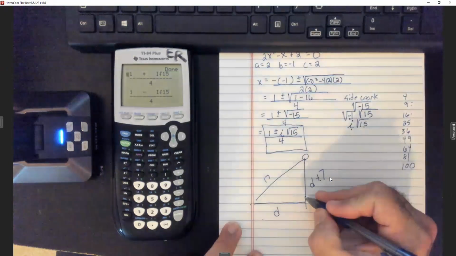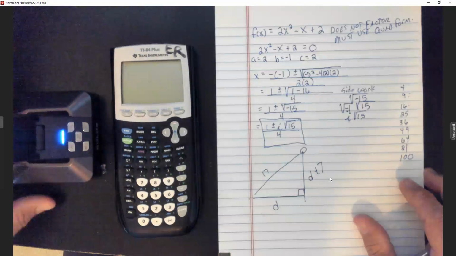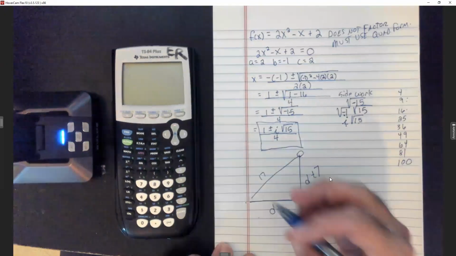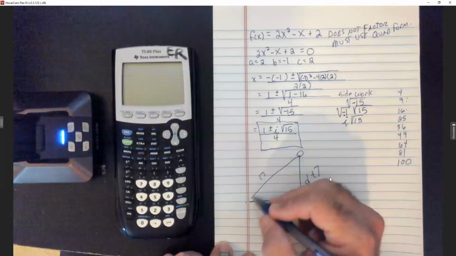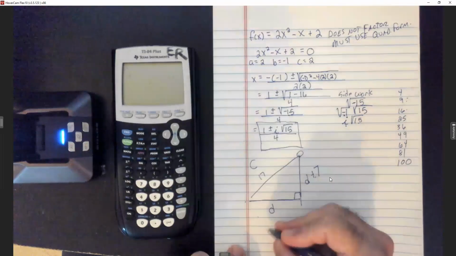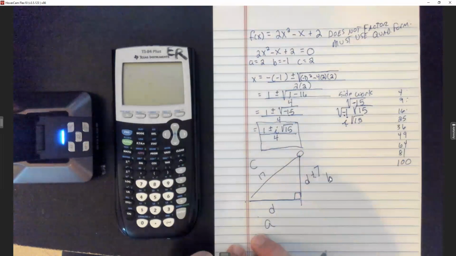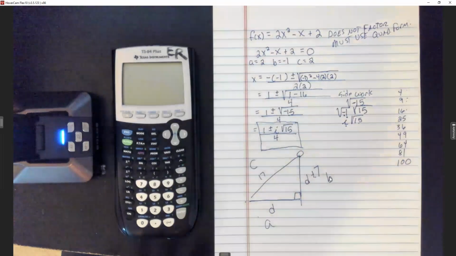So remember, that made a right triangle, okay, which means this right side is my longest side, so that's my hypotenuse, so that has to be my C. And then this can be A, and this can be B, or that can be A, and that can be B. It don't matter on that part, okay? The only thing that matters is C has to be the 17.